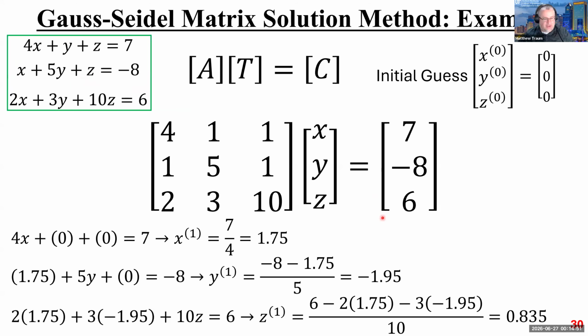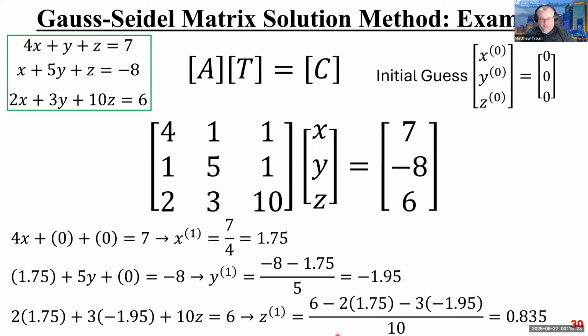That drives convergence faster. So here I am plugging in my 1.75 for x. Y is what I'm trying to solve for. Z is still 0. The whole thing equals minus 8. And so that gives me a value for y after the first iteration, which is minus 1.95. And now I'm going to solve for z. I have a value for x1, a value for y1. I plug those in, and I'm going to solve for z. And so I go through and do that, and I get 0.835.